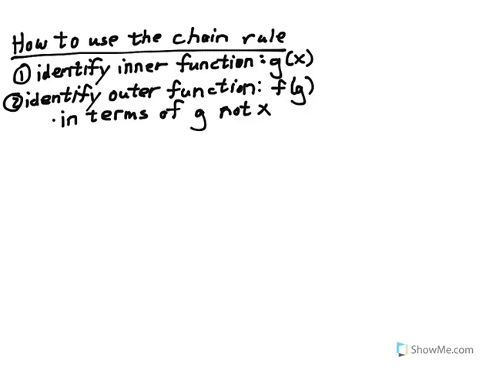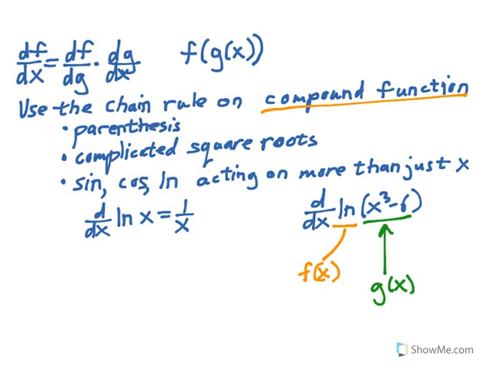All right, as I show you these steps, let me work through an example. In fact, let's just use the example from the last problem, natural log of x cubed minus 6.